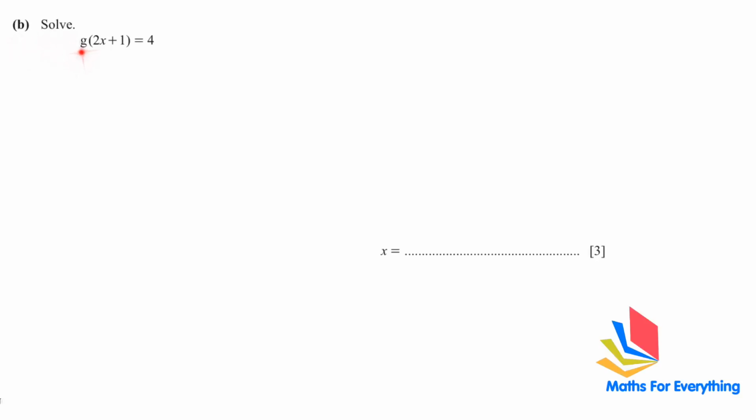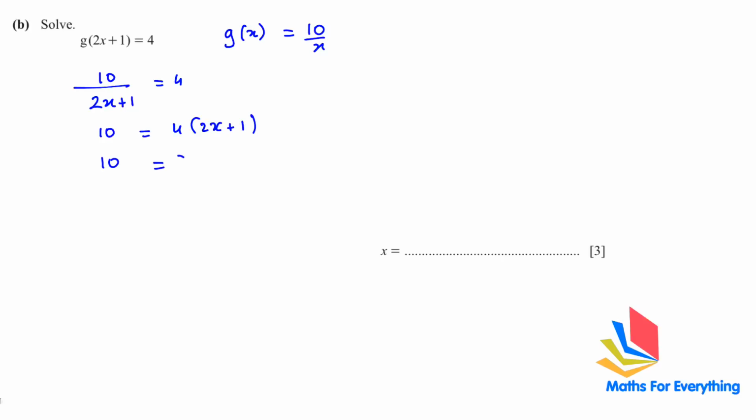Part B, solve g of 2x plus 1 is equal to 4. G of x is equal to 10 over x. So for g of 2x plus 1, in place of x, we'll substitute 2x plus 1, make it equal to 4. Cross multiply, and we will get 8x plus 4.